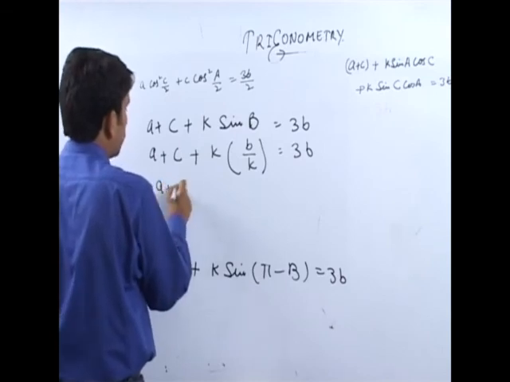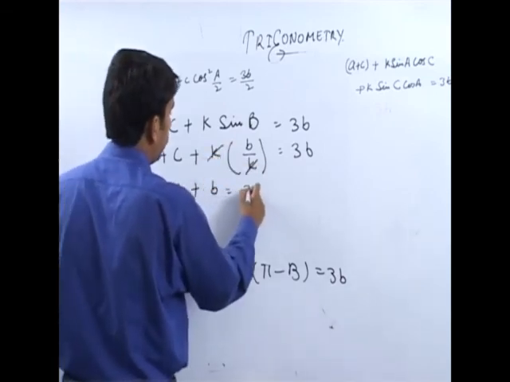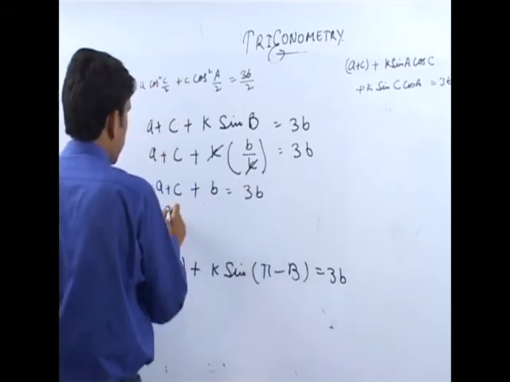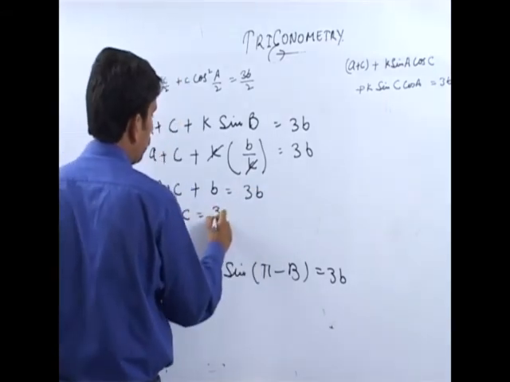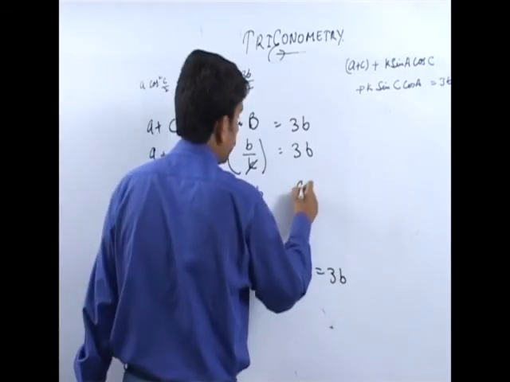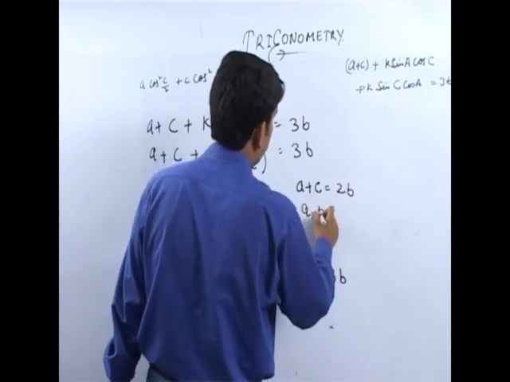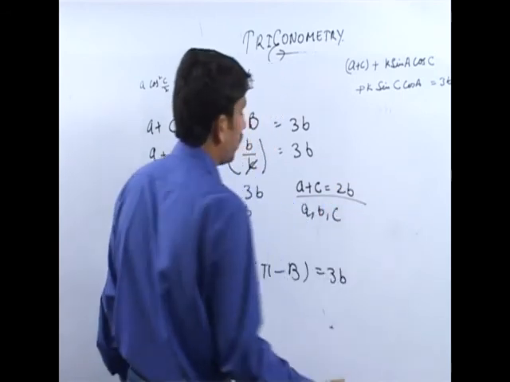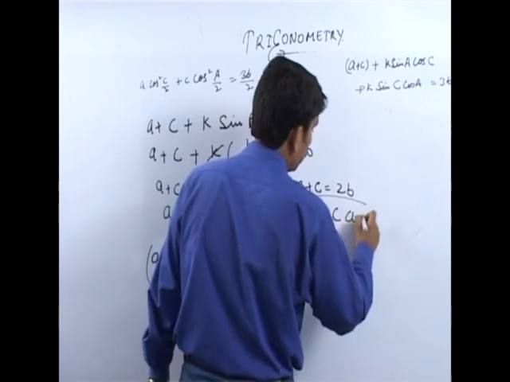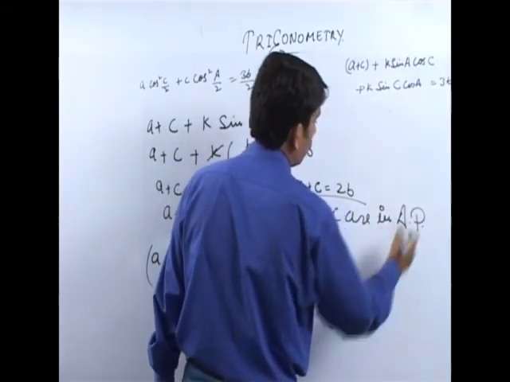This will be a plus c plus b, so you will be left with 3b, and a plus c will be equal to 3b minus b, which is a plus c is equal to 2b. Therefore a, b, c satisfy the condition for AP, therefore a, b, c are in AP.